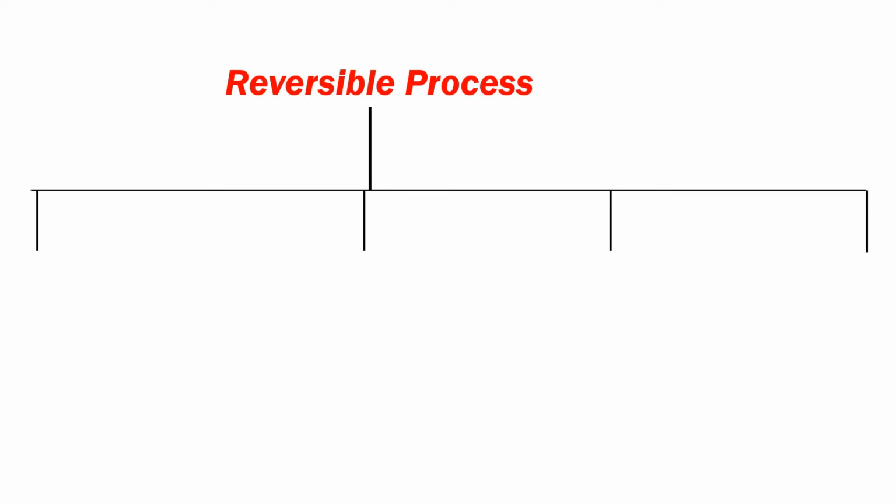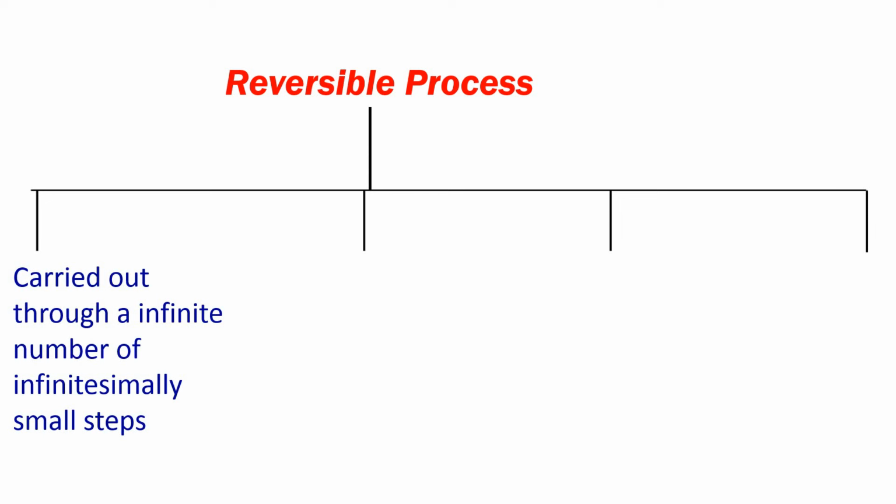Reversible process. What is that? A reversible process can be carried out through a large number, or an infinite number, of infinitesimally small steps. That means a large number of small steps. This is the first criterion.